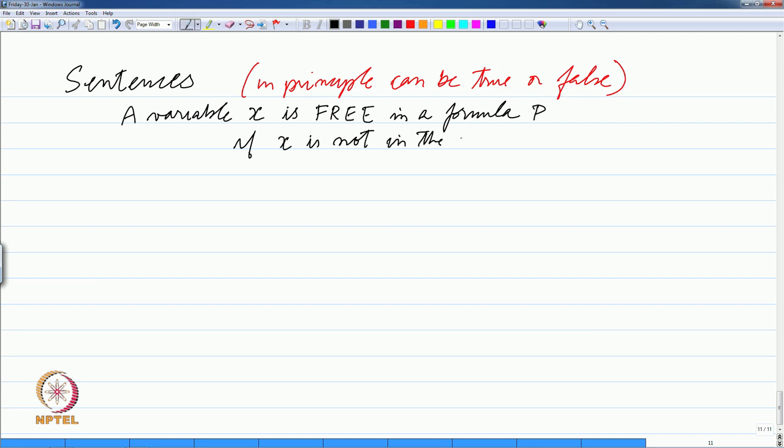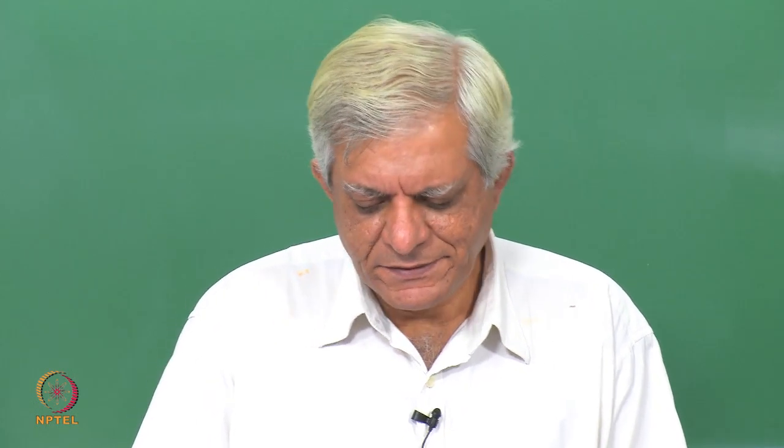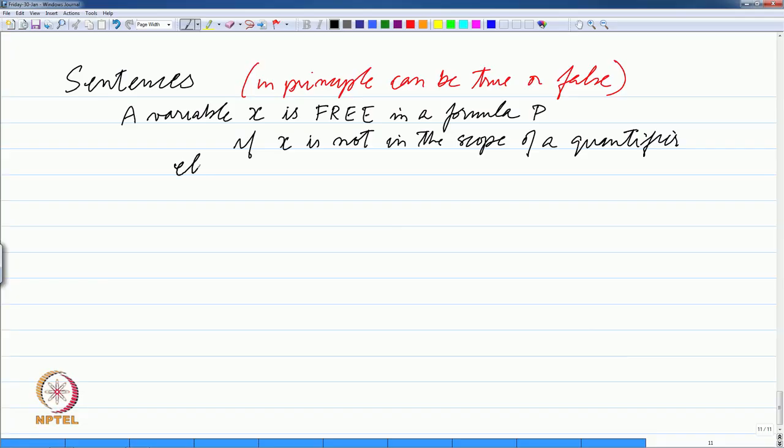Remember we had defined the notion of a scope of a quantifier. If the occurrence of x is not in the scope of a quantifier, then we say that x is free, and otherwise we say x is bound.